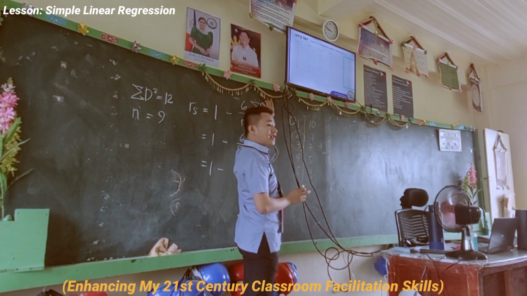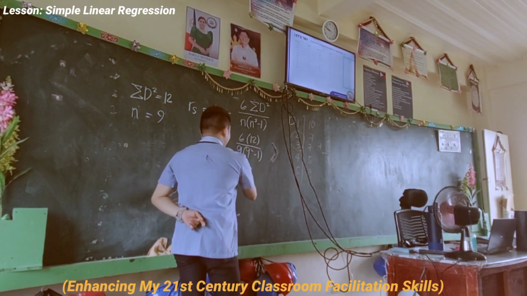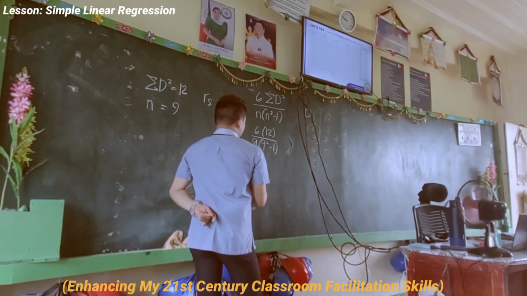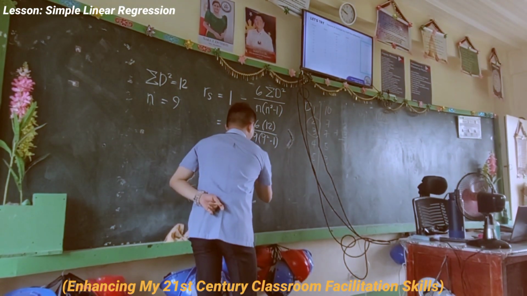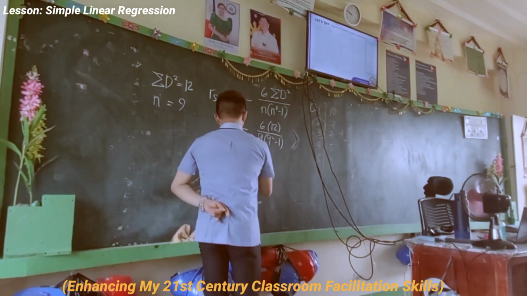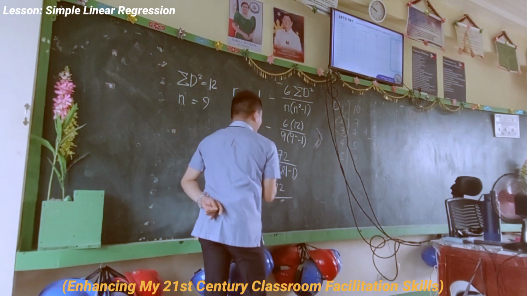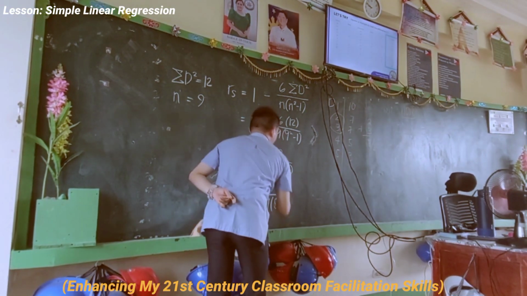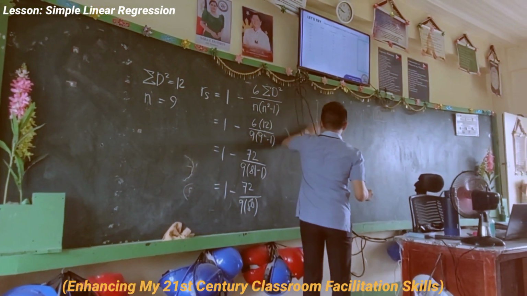Therefore, the answer is already in the d squared. 6 times 12 is 72. 9 times 9 squared minus 1, which is 9 times 80. Very good. Now, moving on.